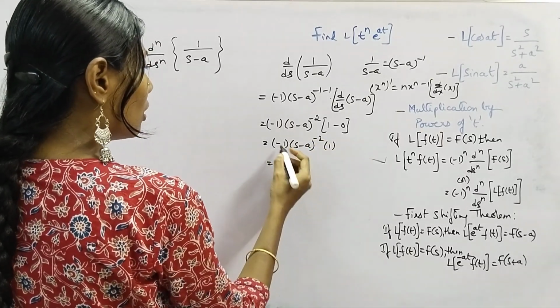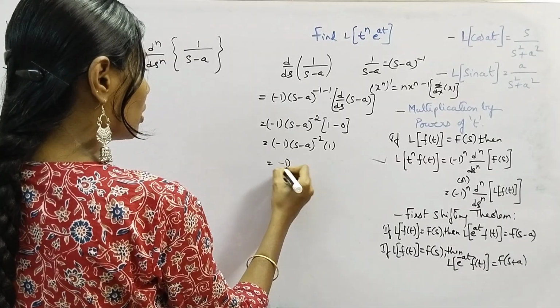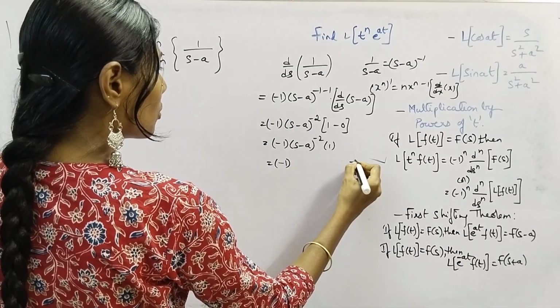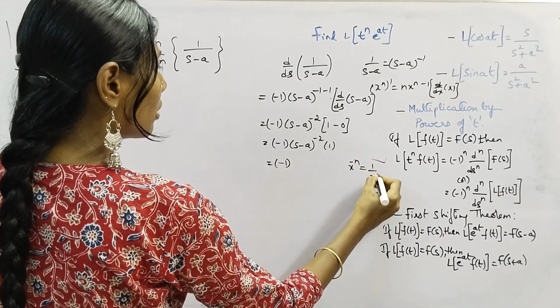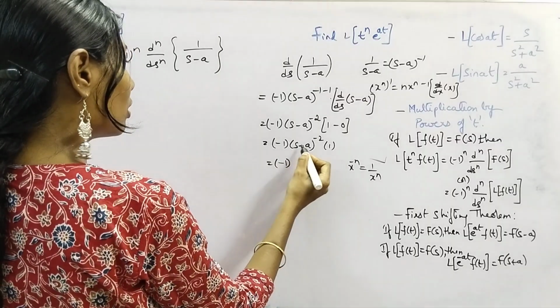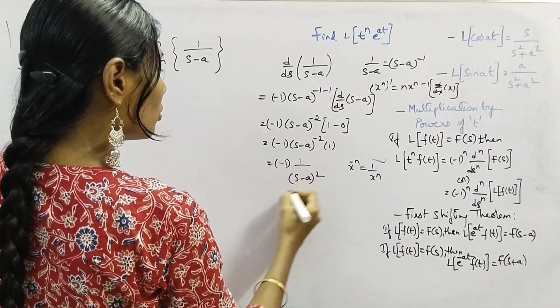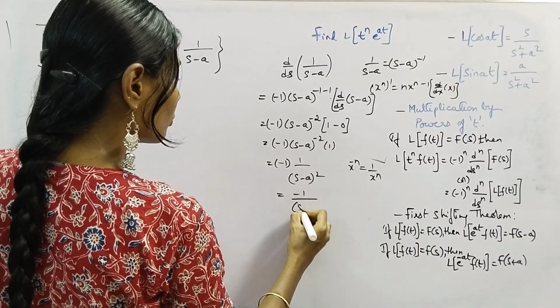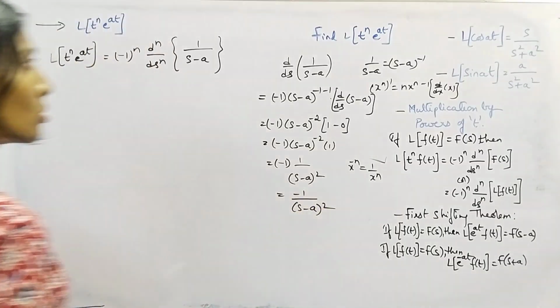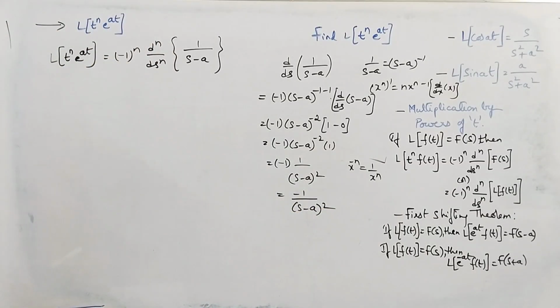This gives minus 1 into s minus a power minus 2, and since x power minus n is 1 by x power n, we get minus 1 by s minus a whole square.